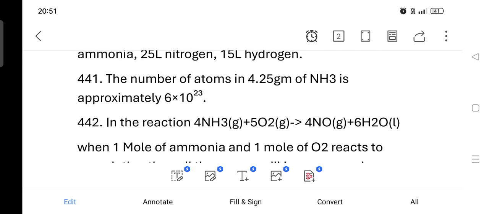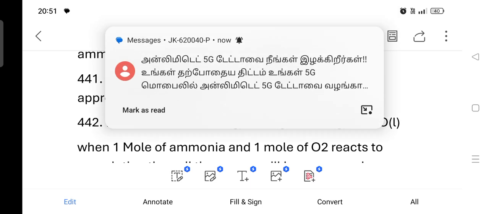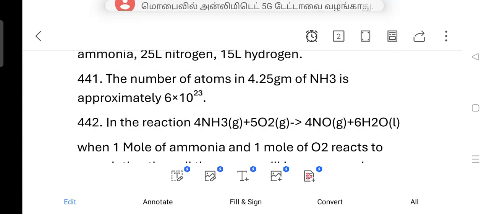The number of atoms in 4.25 grams of NH3 is approximately 6 × 10^23.